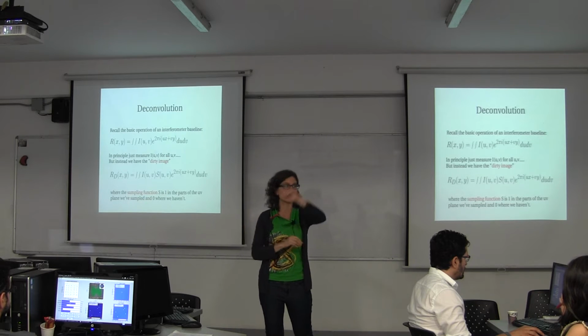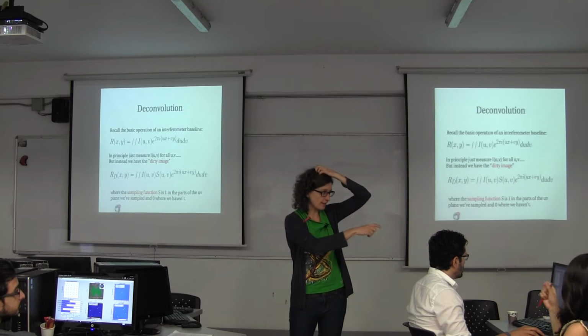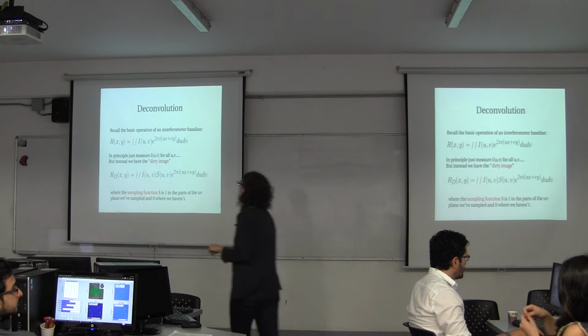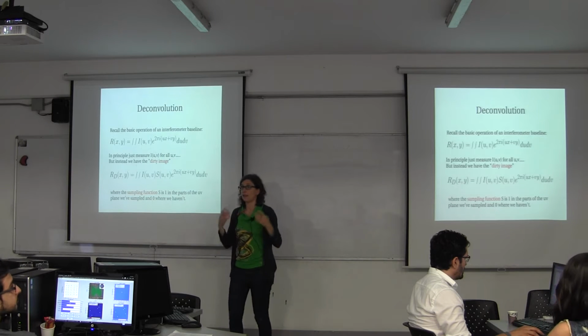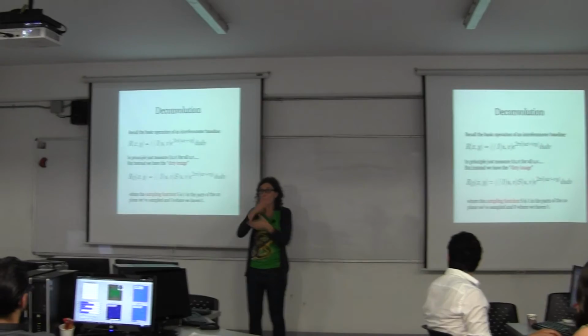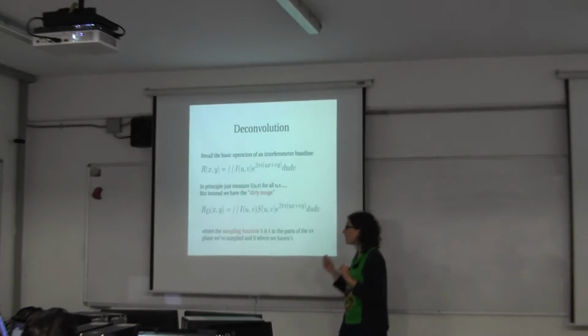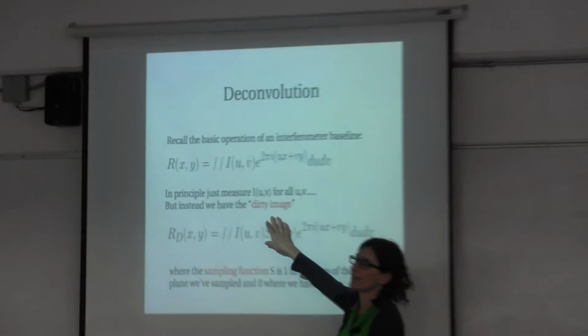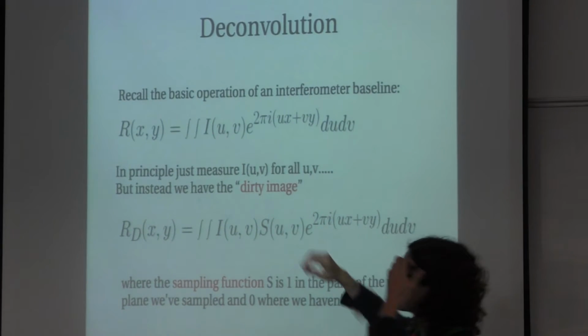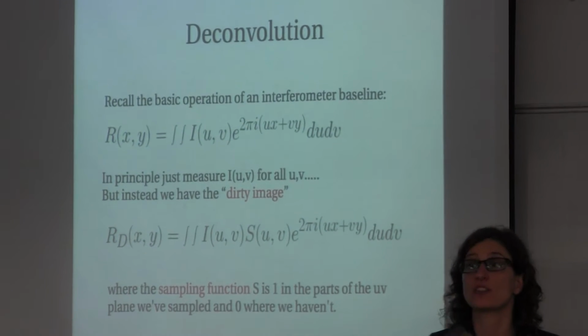Discrete points in your UV plane, you can see there, just discrete points. So we are sampling the visibility, the UV plane. The dirty beam is the image of that sampling.